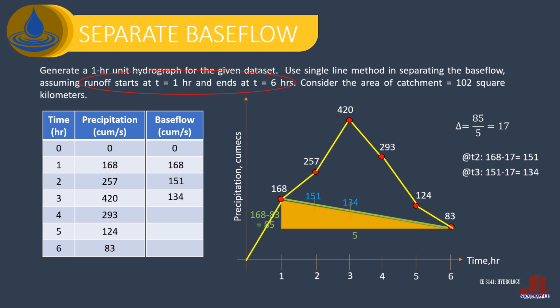At T3, the base flow coordinate is 151 less 17, which is 134, followed by 134 minus 17, or 117 at T4. Then at T5, the base flow is taken as 117 minus 17, giving 100. The base flow column has been completed.